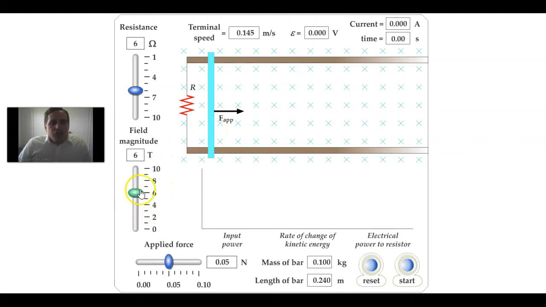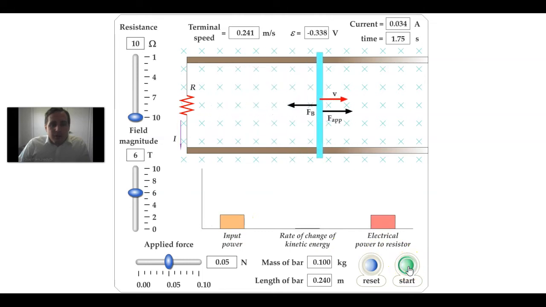So, let's try this example now with a larger resistor. So the resistor now is about twice as much. Okay, so let's see what happens when we do the same applied force. Notice that there's more input power and there's greater electrical power to the resistor.